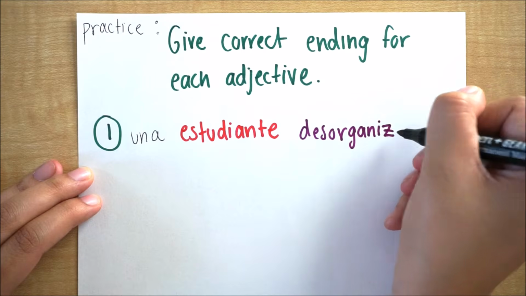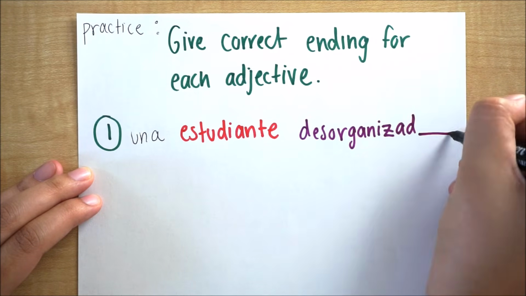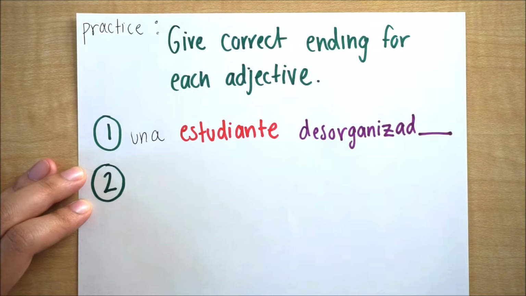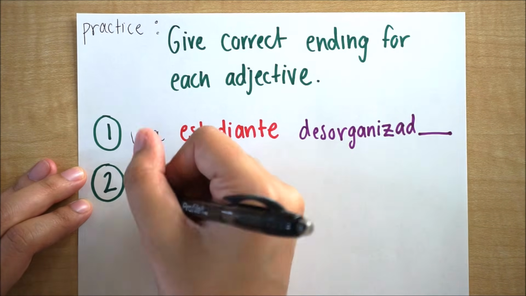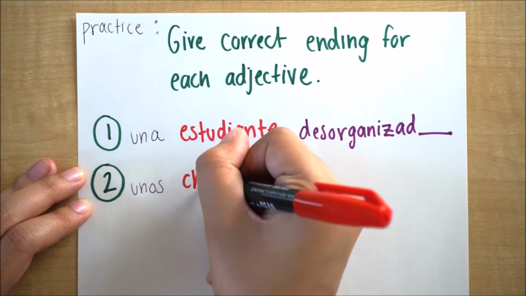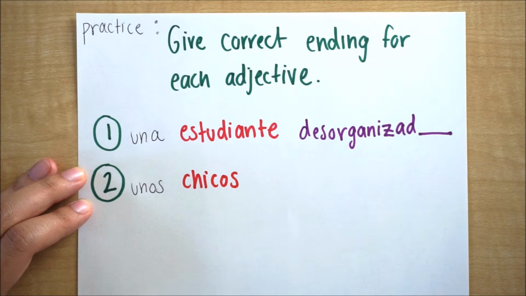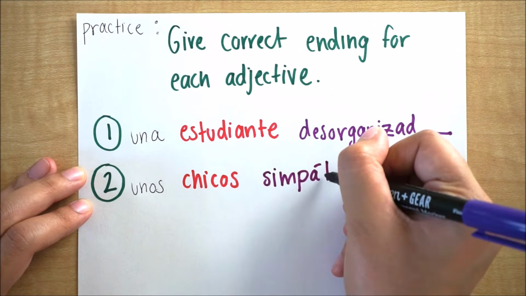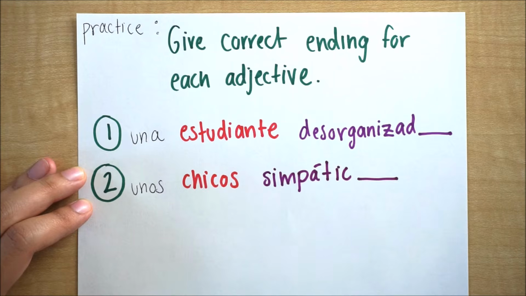So for our first one, we have una estudiante desorganizada. So now you have to see una estudiante, is that feminine, is that masculine, is it singular, is it plural? Refer back to the chart that I provided and see what the ending of the adjective should be so that we have a noun adjective agreement.